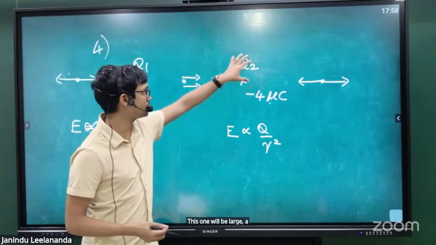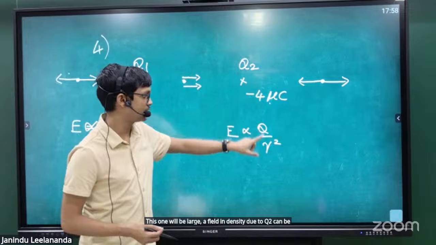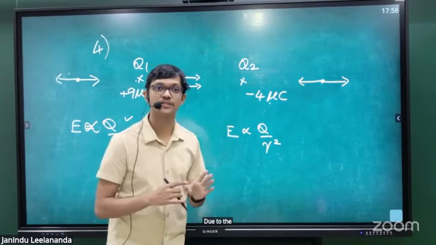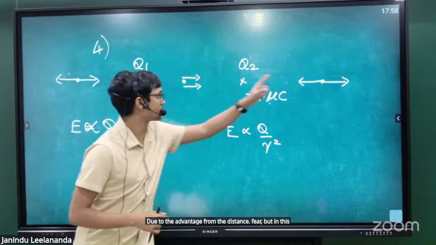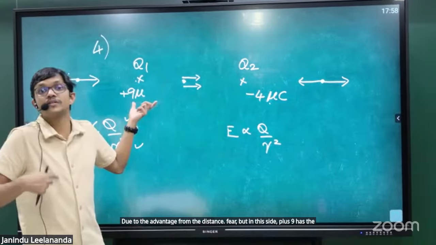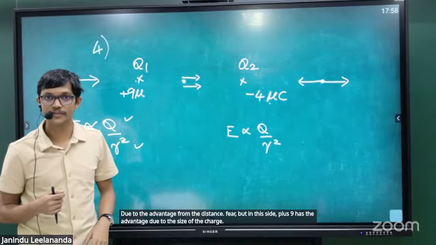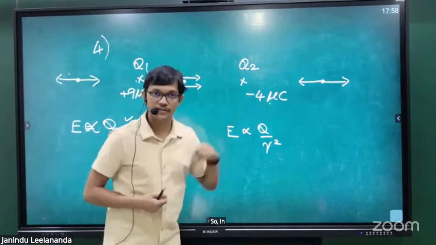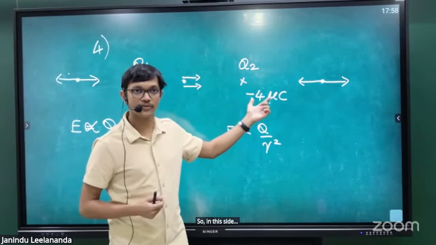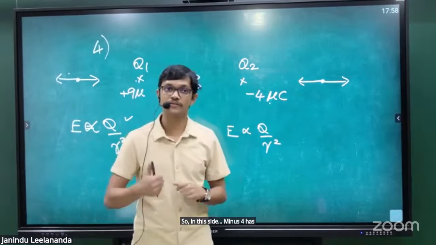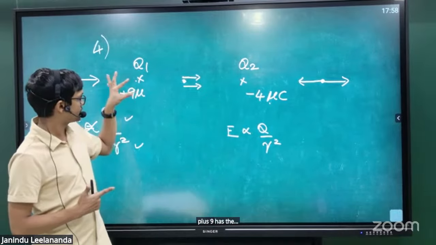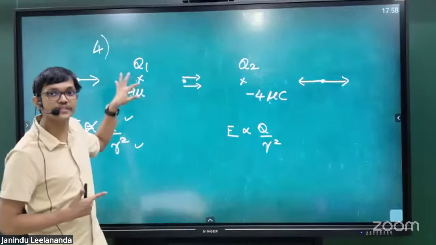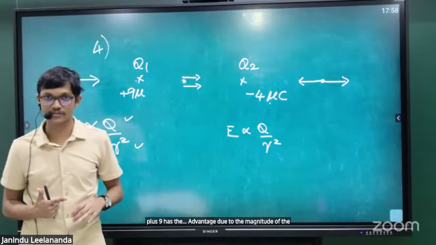Field intensity due to Q2 can be larger due to the advantage from the distance. But on this side, plus 9 has the advantage due to the size of the charge. So on this side, minus 4 has the distance advantage, and plus 9 has the advantage due to the magnitude of the charge.